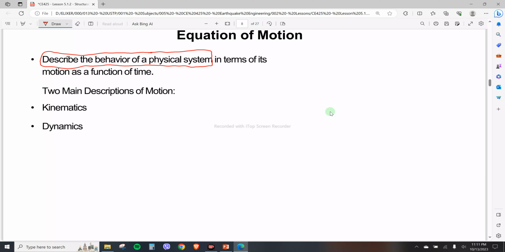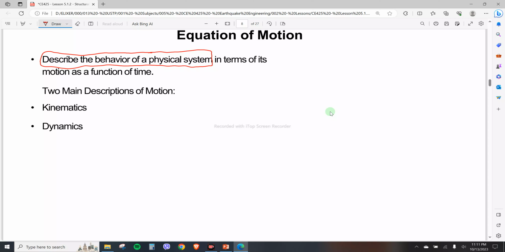In engineering and physics, we try to describe an object mathematically. We try to form equations for it so that it can be understood more easily. More specifically, equations of motion describe the behavior of a physical system as a set of mathematical functions in terms of dynamic variables.